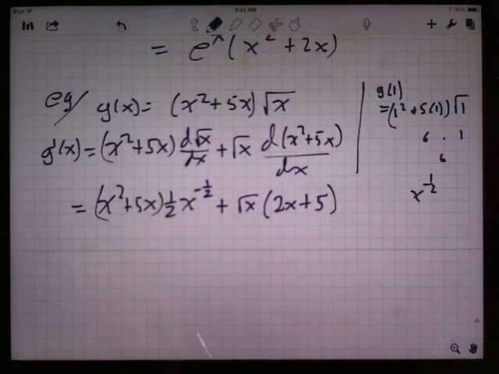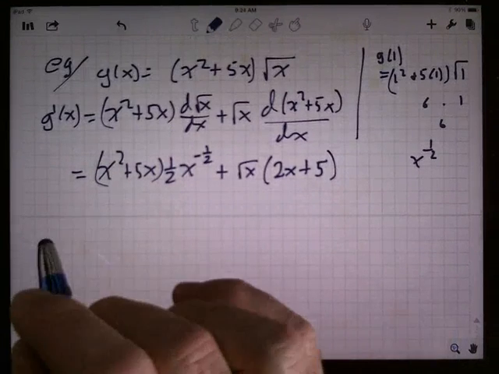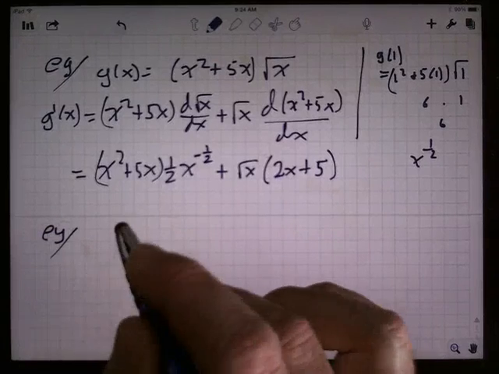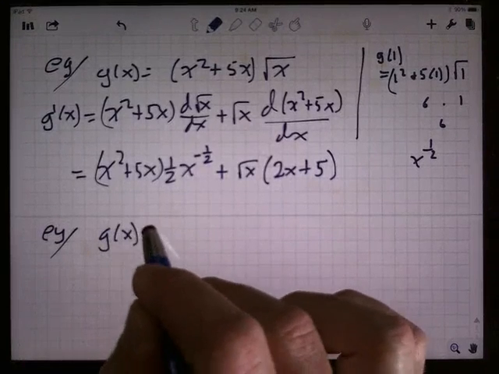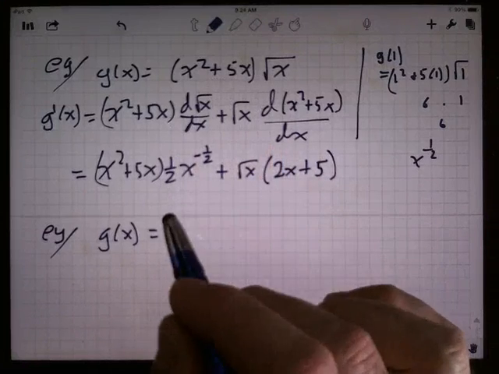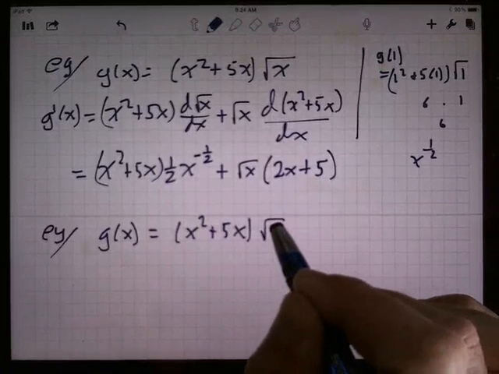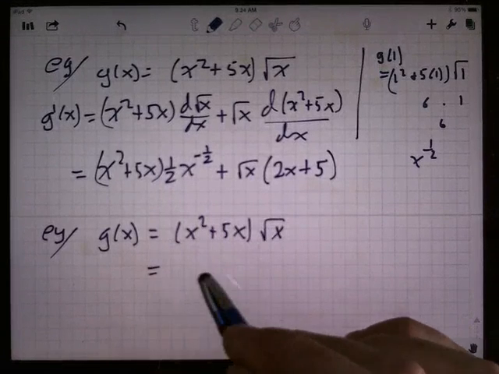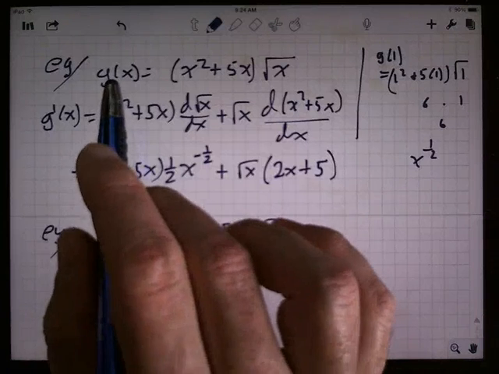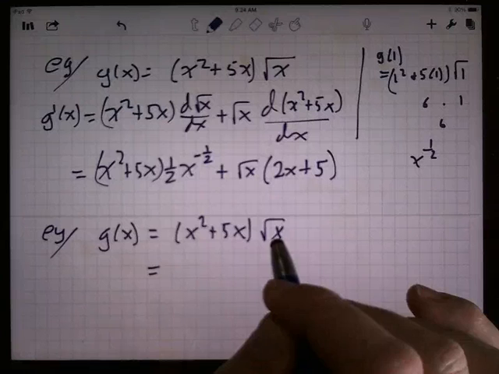Let me point out that this problem could have been done differently, because I'm going to do the same function here. I could have just used the distributive property to begin with. That is, I could have written this function. I have not taken the derivative yet, right? That was g and g prime. This is still g. I'm not changing anything. I'm just going to distribute this in.